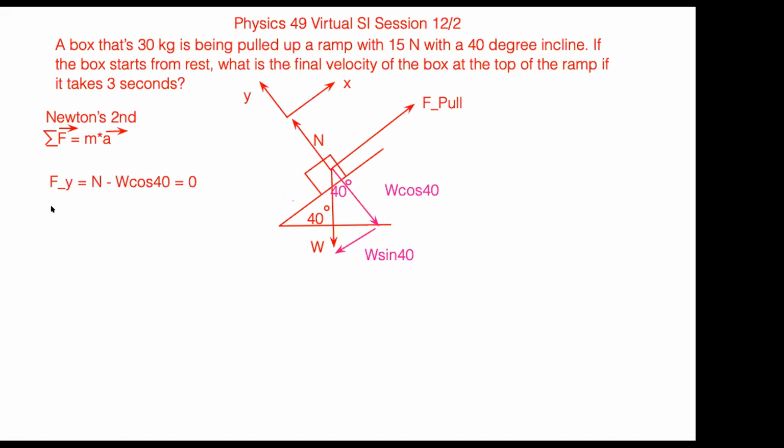So with the y direction done, we're going to go into the x direction. Actually, let's do this. F_x. So we have the pull force, and we also have the x component of weight, which is weight times sine of 40. Now, the box itself is moving along the ramp, so therefore we have an acceleration.